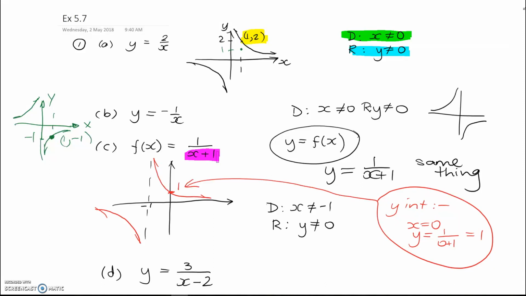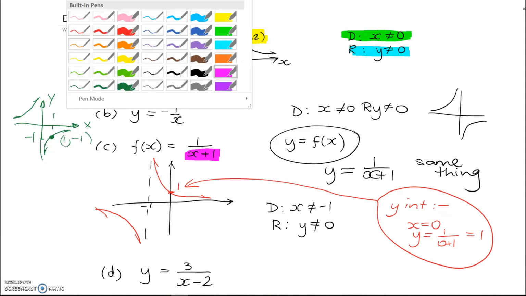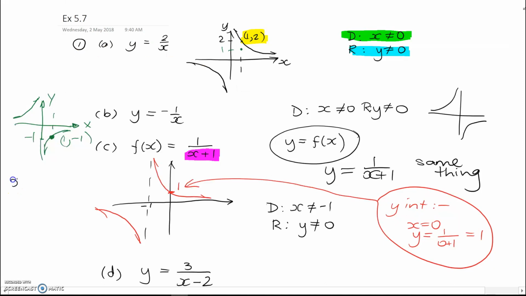The shift is always given to you by considering x minus some number, and whatever that number is will be my shift where I go. So how do I write x plus 1 in terms of x minus something? Well, that's x minus minus 1. So there's my shift. So long as it's x minus something, I know what my shift is.